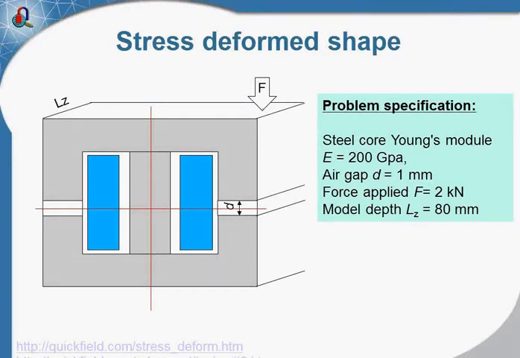Naturally, the transformer core deforms. And our task is to find out how this deformation affects the magnetic field distribution. So first we should simulate the stress analysis problem.